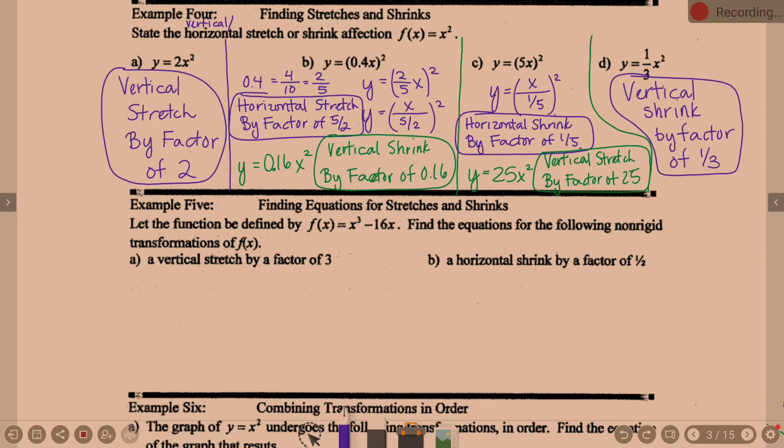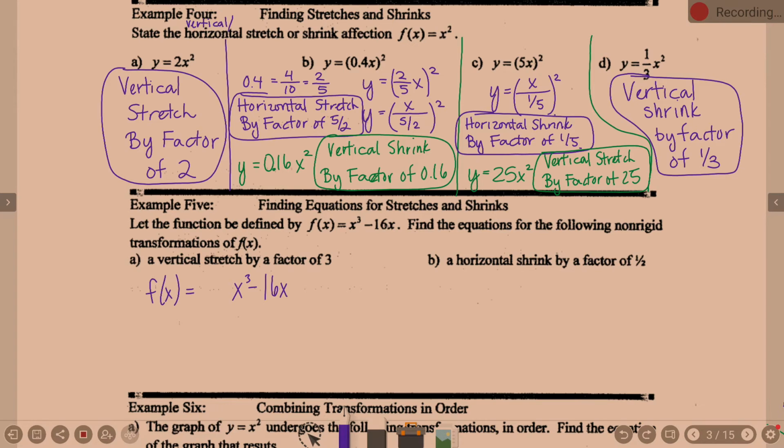So, if f of x is x cubed minus 16x, that's my given, how do we do a vertical stretch by a factor of 3, given my original function? What's my chart say?